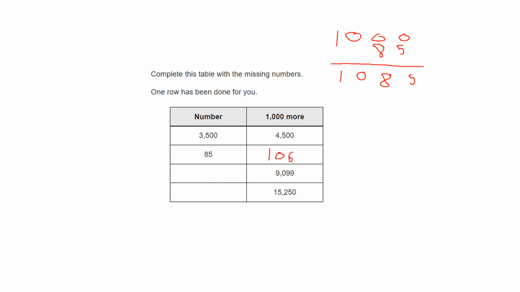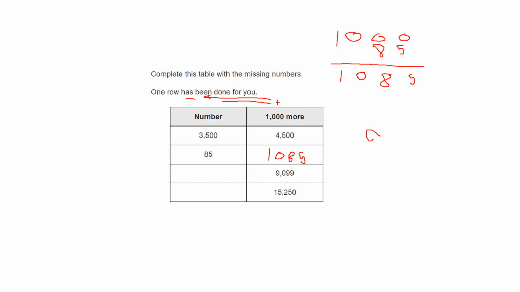However, this time they're giving me my number with 1,000 more and I have to find the original number. So when we work this way, we've got to add, when we work backwards, we've got to do the opposite, the inverse, which is take away.